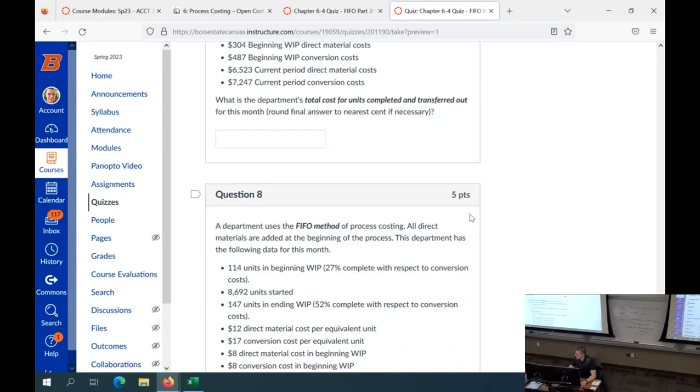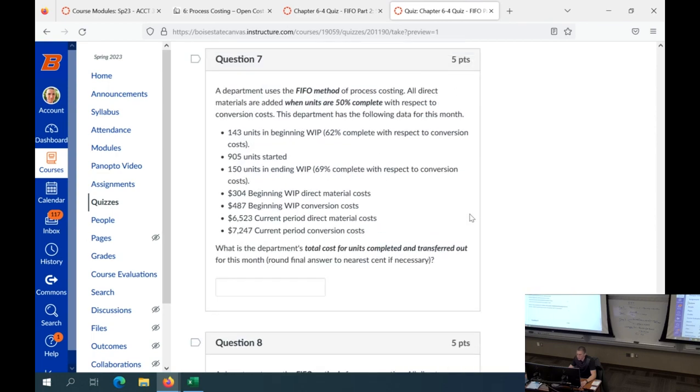I'll go up here. Okay, so let's have a couple minutes, maybe upwards of 3 here because it's got more steps, and work on this problem right here. So total cost for units completed and transferred out is what it says here. Make sure you pay attention to all the details. It has at least one other detail that's different from the one we did just a second ago.